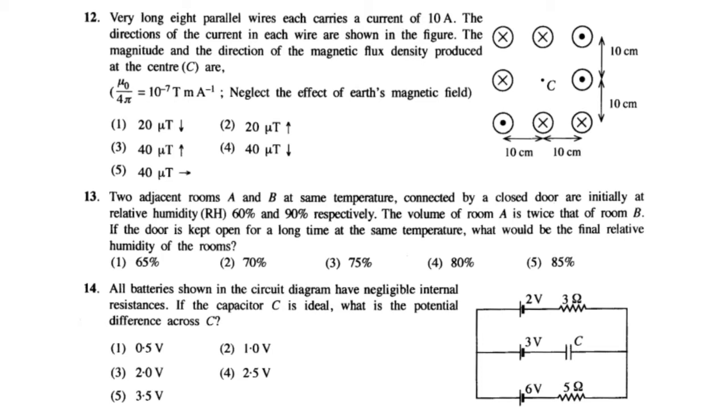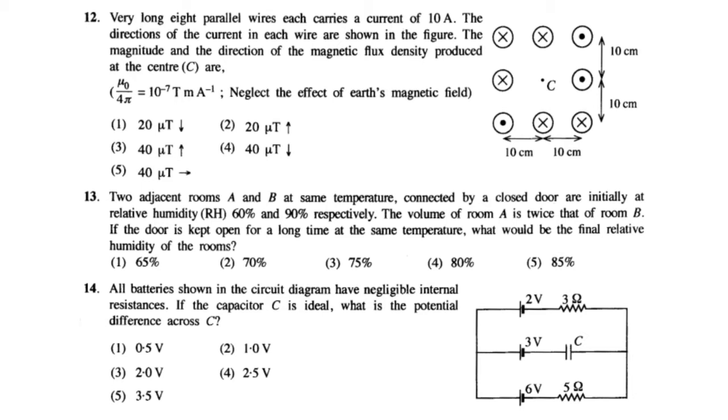And let's consider the wires 2 and 7. They are both carrying current inside the book. By the right hand grip rule, you have to point your thumb inside the book, and then you can notice that your other 4 fingers are turning clockwise.